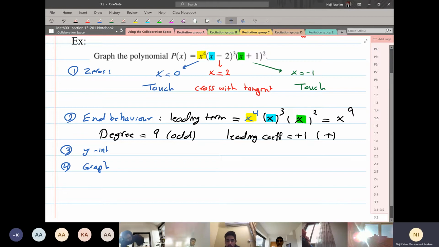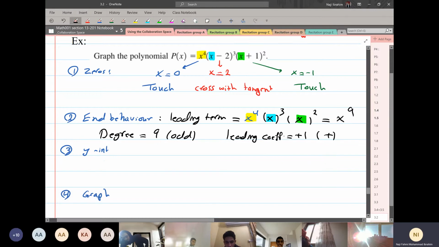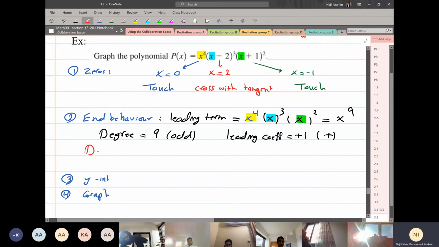So since the degree is odd, will both ends go in the same direction or in opposite directions? Opposite. And since the leading coefficient is positive, what's the end behavior? We will say this is down on the far left, and up on the far right.